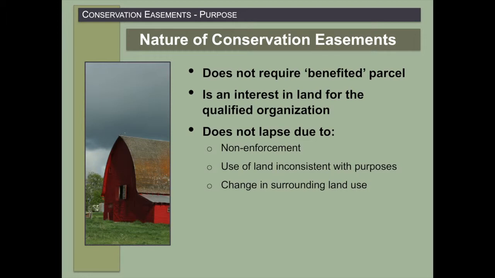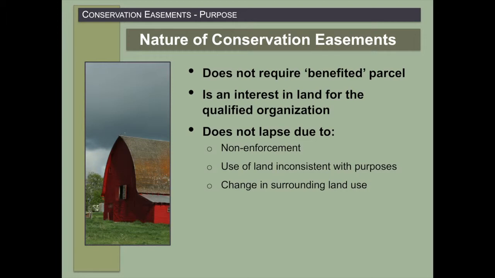These are the purposes, or the nature, of conservation easements. Essentially, it's an interest in that property for the qualified organization. Once they've registered that easement, the municipality or the land trust has an interest, even though the landowner still owns that property. They own the fee simple title.